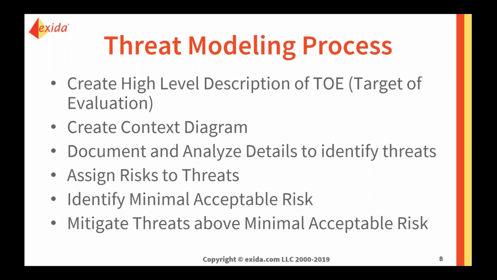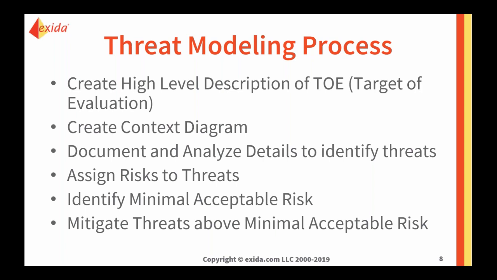And then the next step is to create a context diagram, and that's where you clearly show how the system interacts with its environment. So you show all the interfaces of the system that are external, and you show the actors or other external entities that will be interfacing with that system.